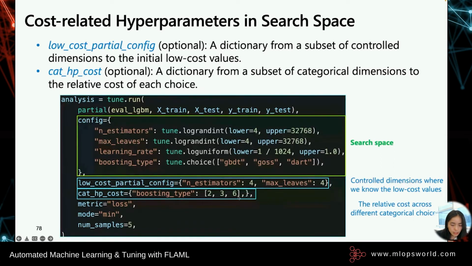Then I can provide this additional information to cat_hp_cost. This additional information about the search space is uniquely leveraged by FLAML's hyperparameter optimization algorithm to make the search more efficient. And of course, if you do not have such knowledge, you can always omit it.